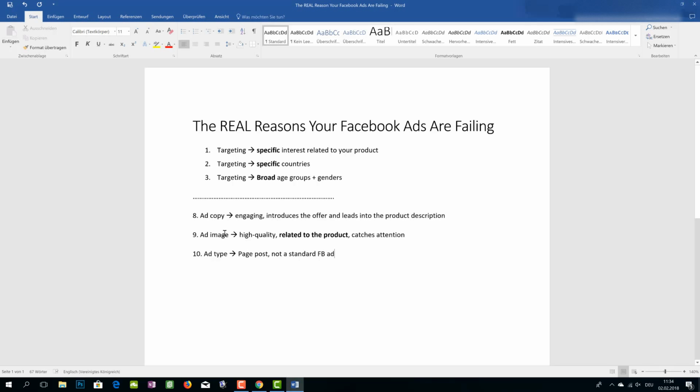Good targeting is specific when it comes to the interest. You need to target specific interests that relate to your product. You have to target people who, based on their Facebook likes, are highly likely to be interested in your product.